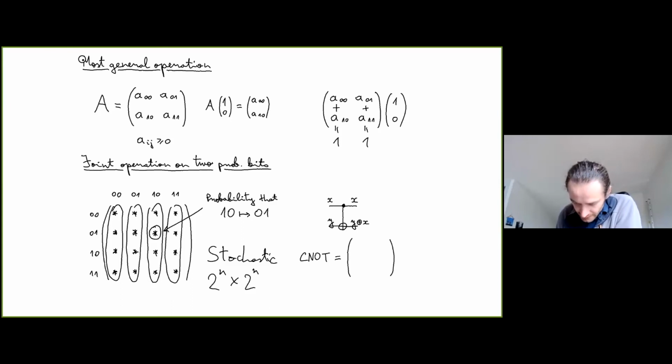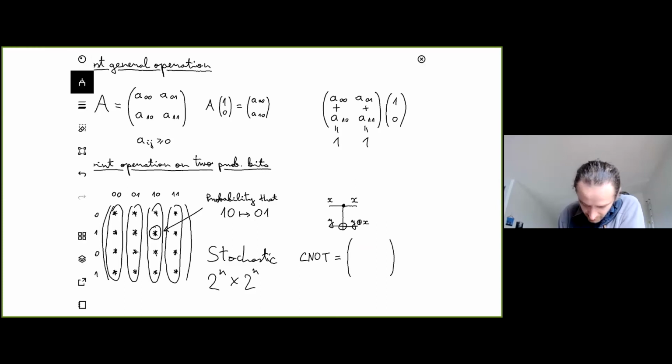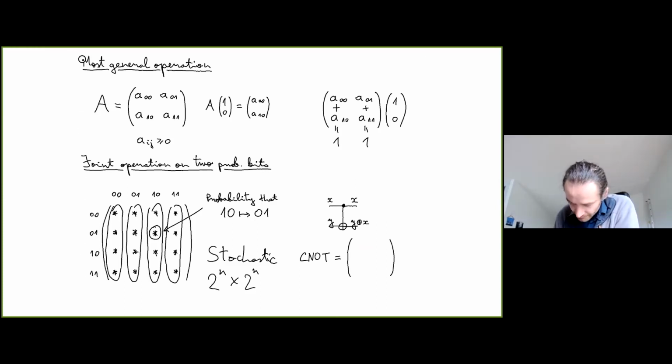All right, so just as a quick example, this C naught operation, this control naught operation, if you represent it as a matrix, I'm not going to explain it in detail, but it looks like this. Basically, these last two rows are 0, 1, 1, 0.